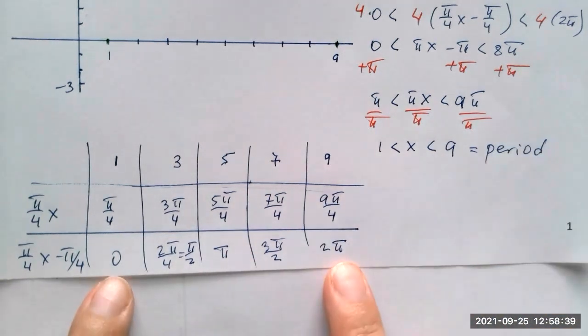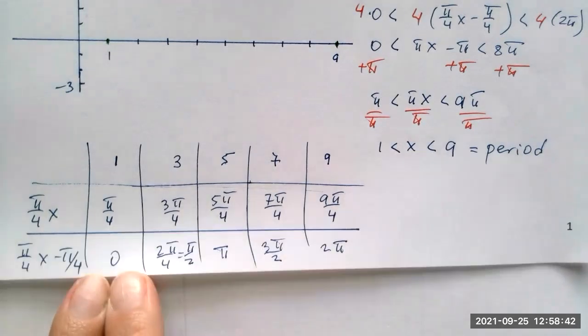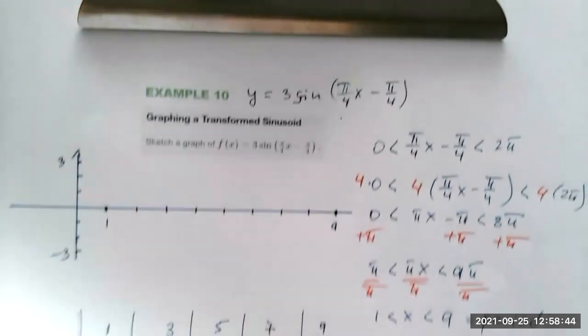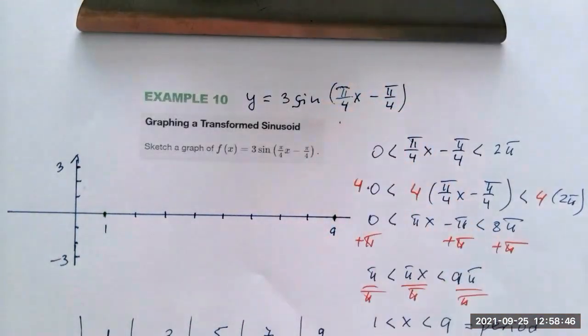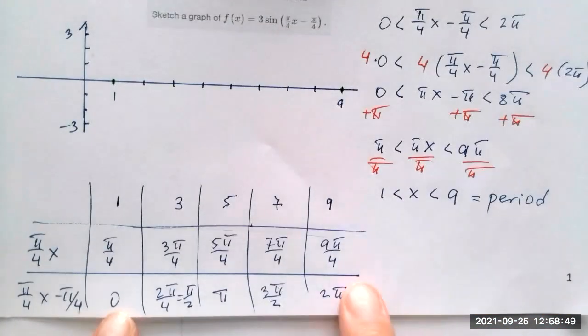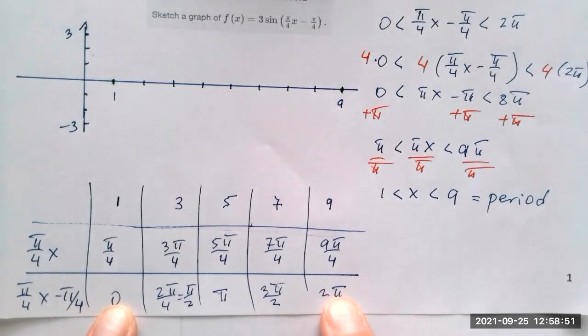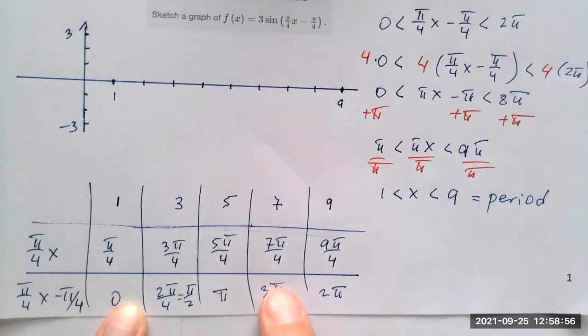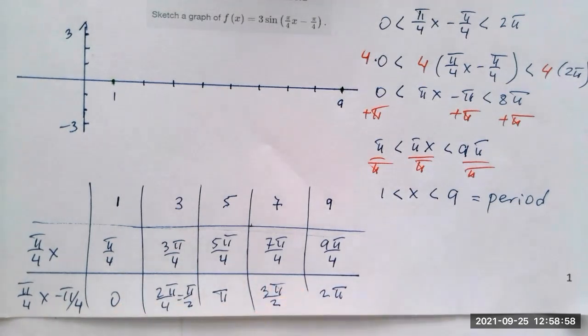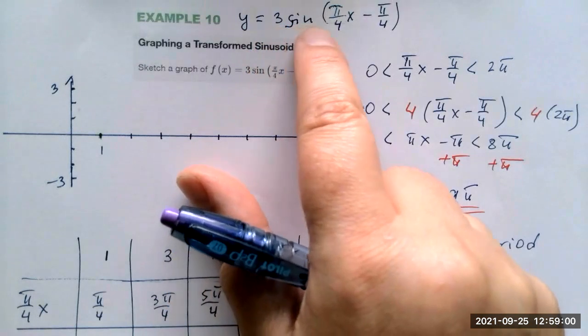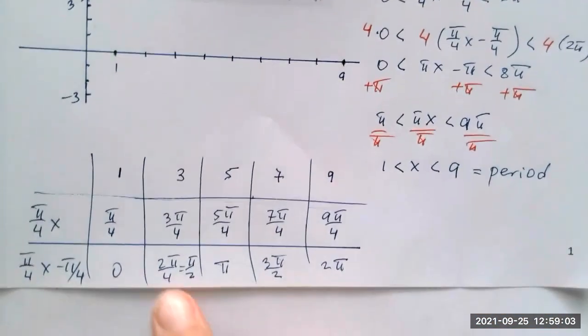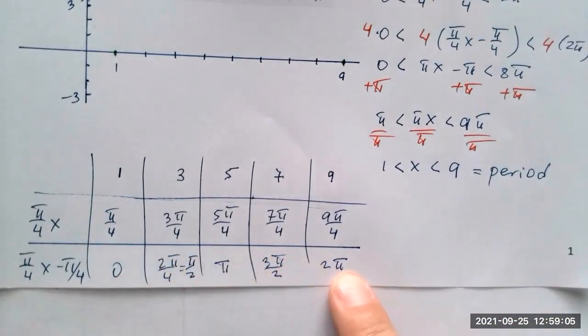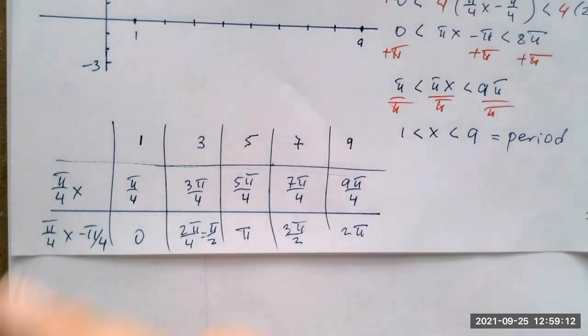So basically, this is what you're going to end up with if you did it right. Once you go through all of these, you're going to get our basic numbers that we're already familiar with: 0, pi over 2, pi, 3 pi over 2, 2 pi. Now we're going to apply sine to those points, to those angles. And again, we already know those values.